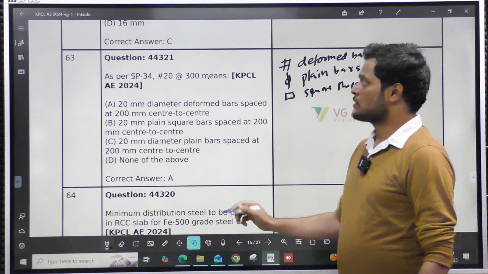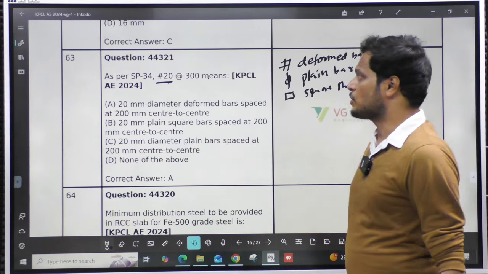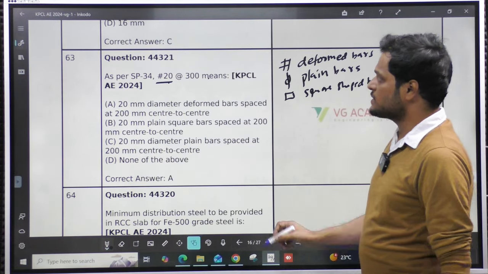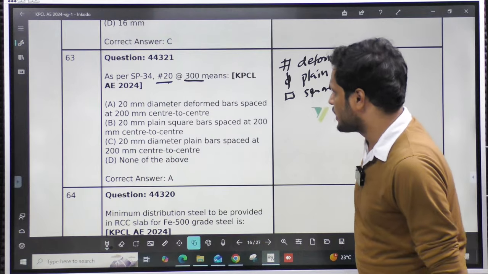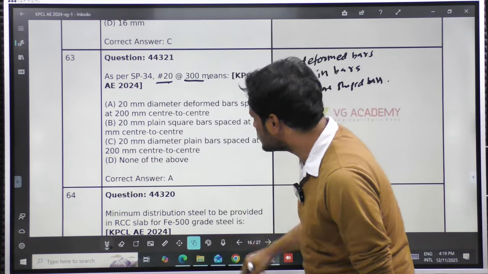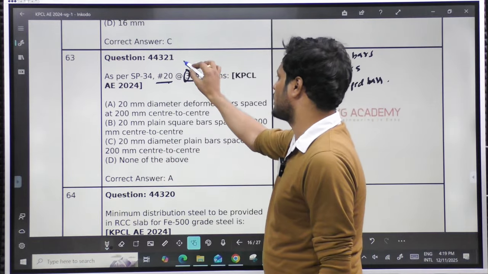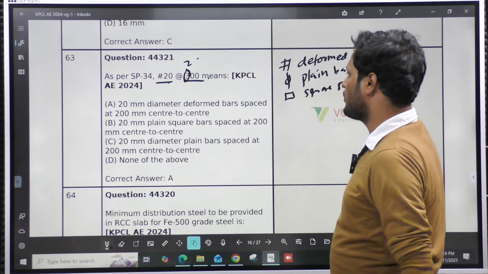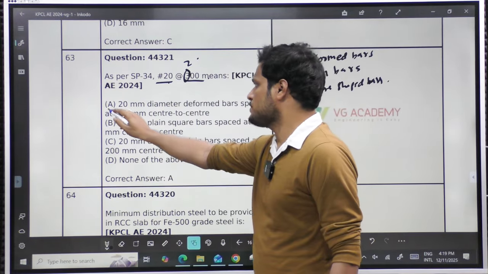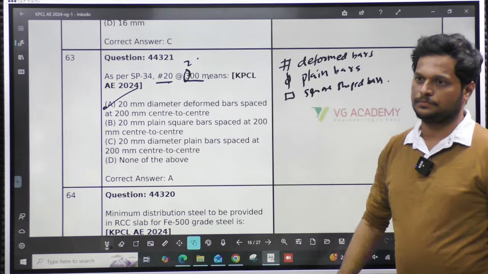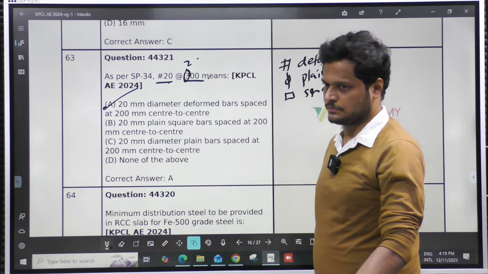Okay. So hash 20 means 20 mm deformed bars, and spacing 200 is given, so it should be 200. So 20 mm deformed bars spaced at 200 mm center to center. Okay?